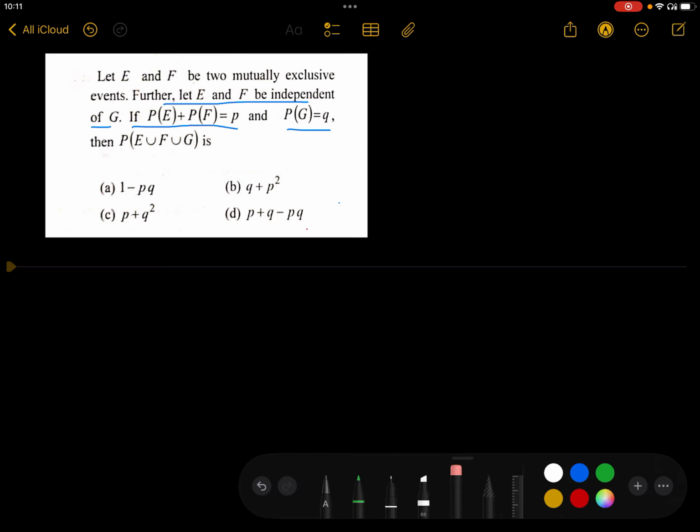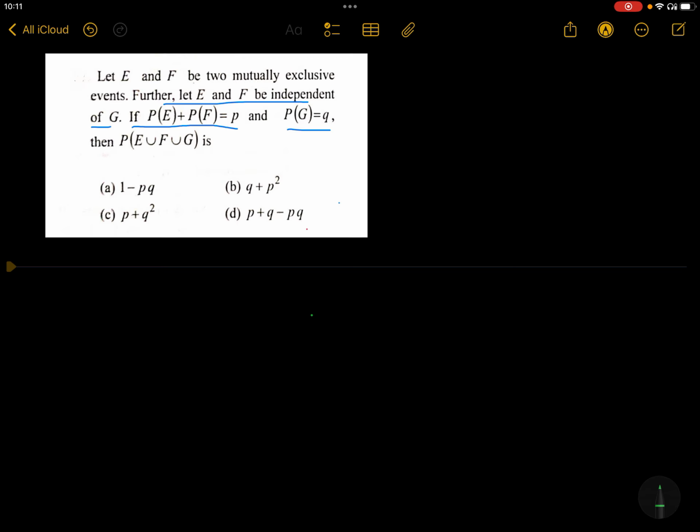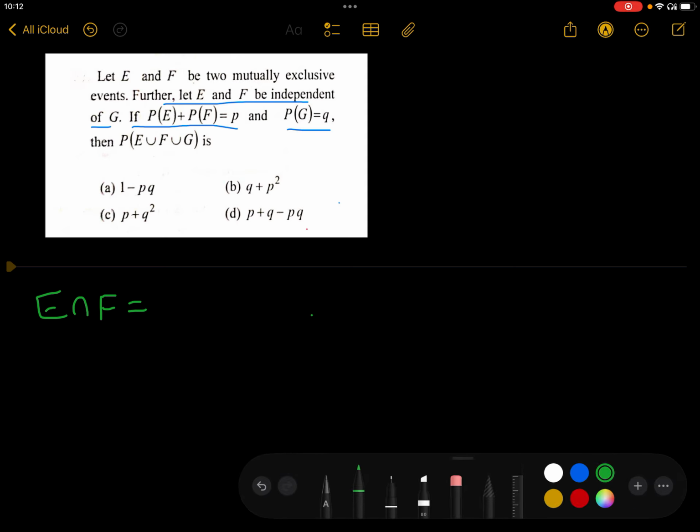Given E and F are two mutually exclusive events, that means E intersection F is equal to the null set, or P of E intersection F is equal to 0.